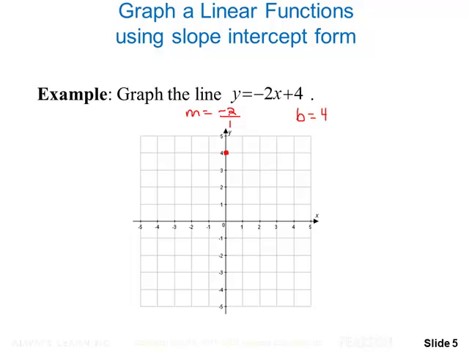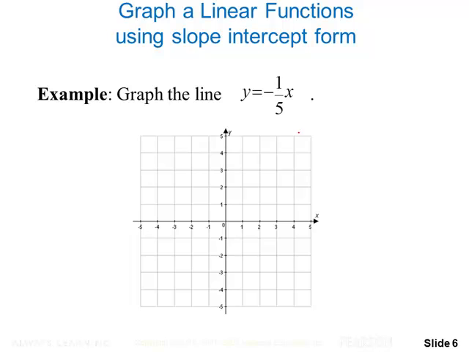Here I'm choosing the numerator to be negative. So from the y-intercept, we'll plot the slope. The rise is -2, so I'll go down 2. Our run is +1, so I'll run one place to the right, and I'll plot that point. And next, I'll connect the 2 points.